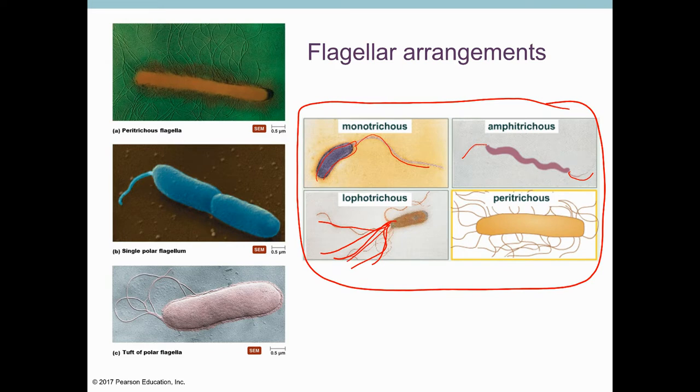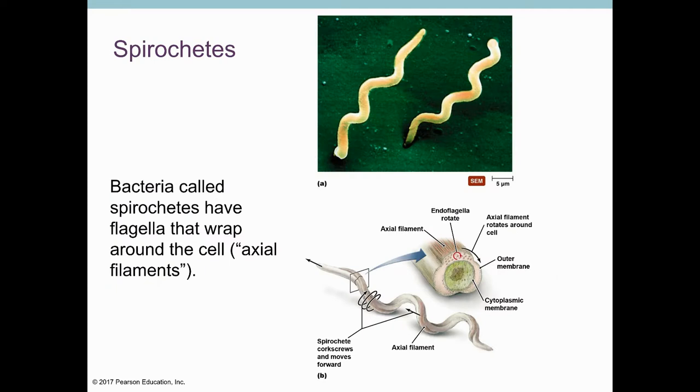There's not a particular number it has to be, but they're all sort of bunched at one end. And peritrichous is when there's flagella all around. All right, so those are the words that go with the flagellar arrangements. And of course, you can have a cell that has no flagella at all. Okay, so I'm going to break the lecture here, and you can move on when you're ready to the next lecture segment.